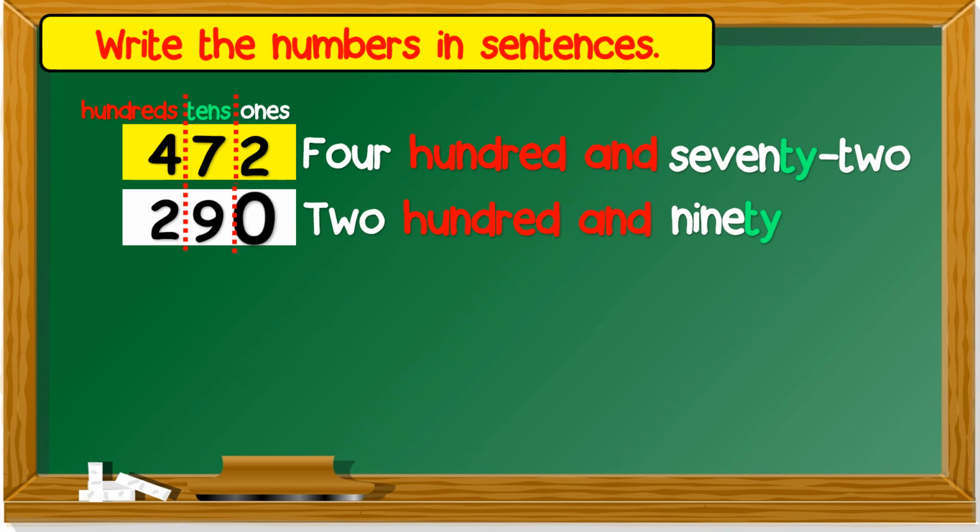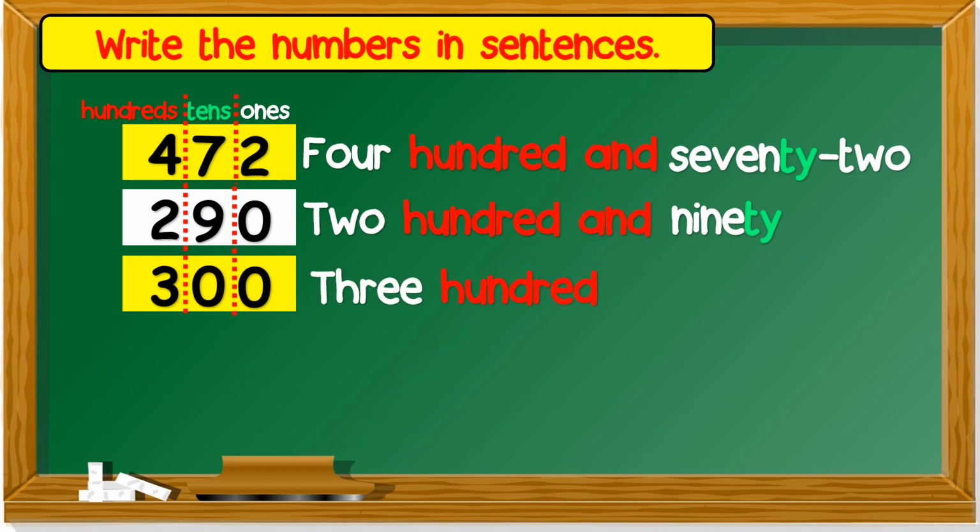So the answer is 290. Next example, draw the 2 lines again. In hundreds, you have 3, followed by tens, 0, and ones, 0. So the answer is 300.